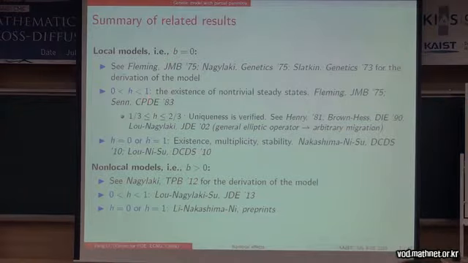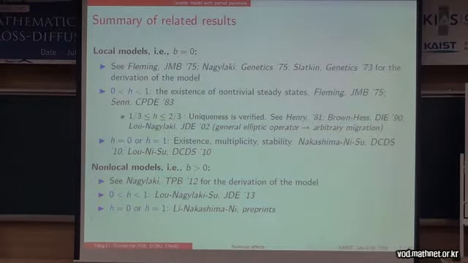In this case, this model was proposed a long time ago, around 1975, and there are a lot of studies for these local models. See, for example, for the intermediate dominance case, the existence of non-trivial steady states has been studied. Also, later in 2002, the general elliptic operator is considered, which corresponds to arbitrary migration, just a local case.